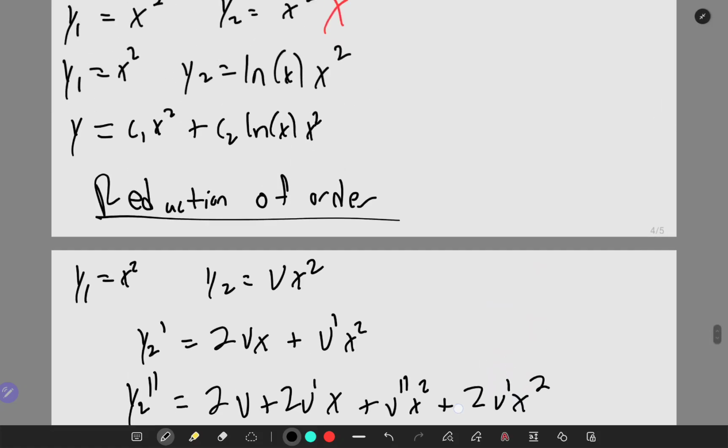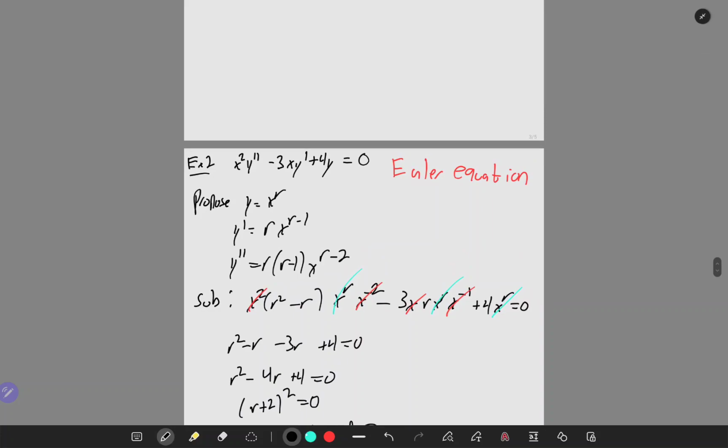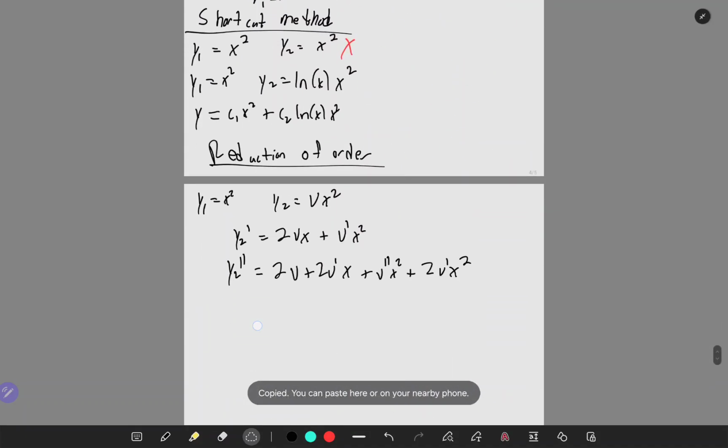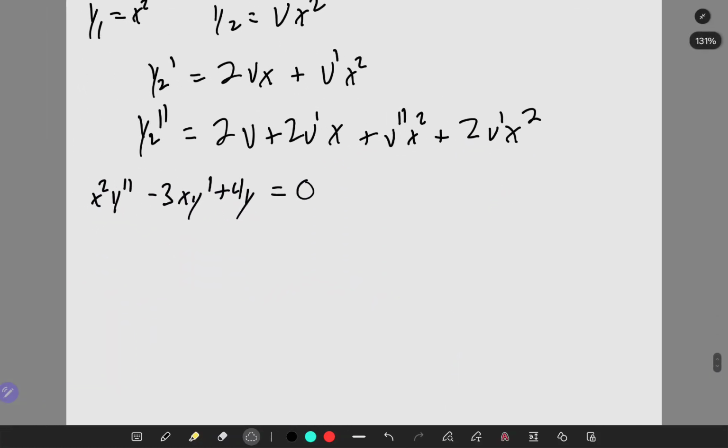Okay, so now we plug back into the original equation, right? So let me go back up here. Remember, we are going to substitute back into here. So we're going to have x squared times all of the y2 double prime.